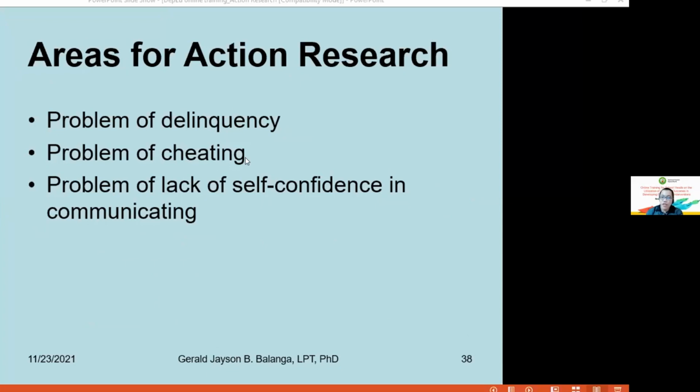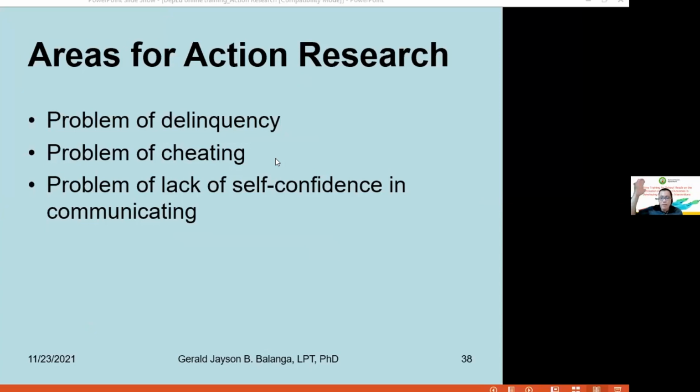Itong problem of cheating, pwede ito ma-detect doon sa Turnitin, yung plagiarism checker. So on the assumption that the teacher has a Turnitin account, he may run the papers of the students in Turnitin.